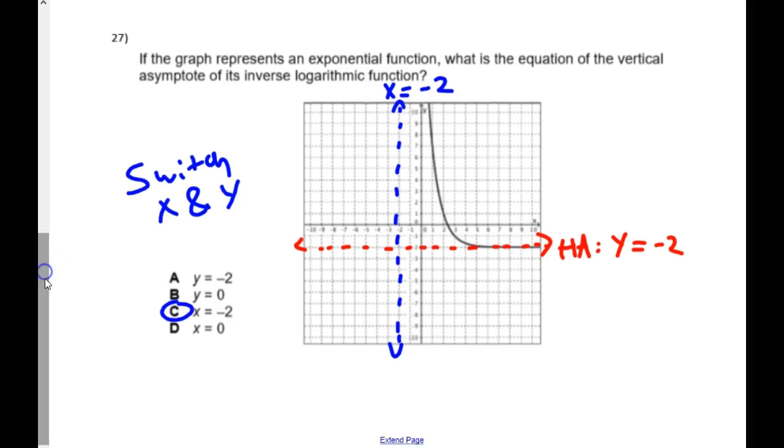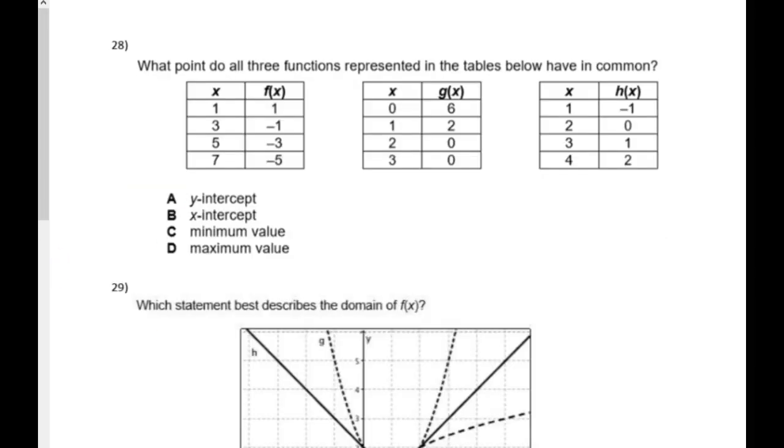Same number. What do these all have in common?